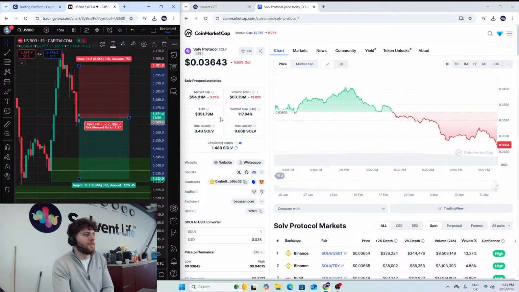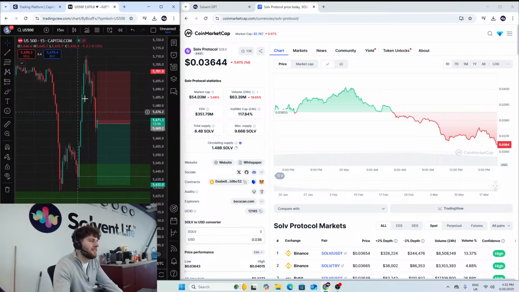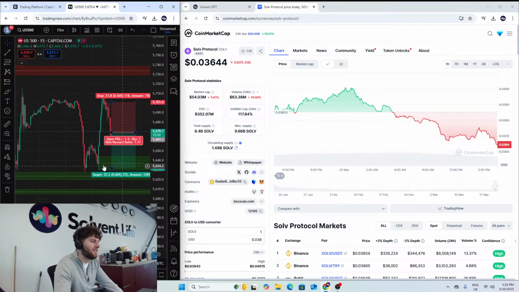This is the most abysmal looking trade I've ever done. That stop loss is way too high. Do you know what we're going to target?